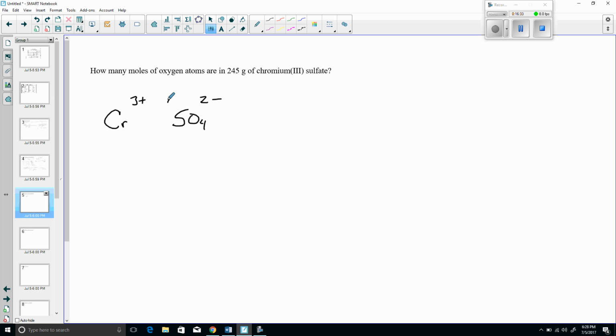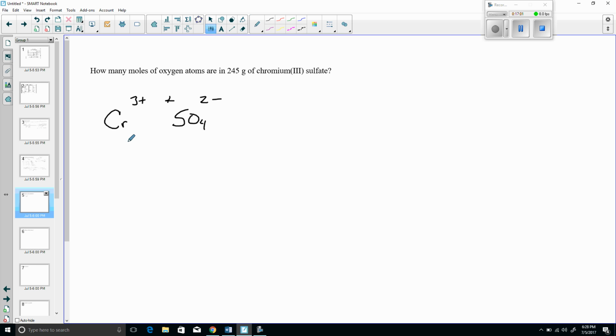Now let's add up the sum of our charges. 3 plus 2- equals 1+. Uh-oh. That does not equal 0. So we cannot say the formula is CrSO4. We have to do something to make sure that the sum of the charges is equal to zero. So that's what we're going to do now.